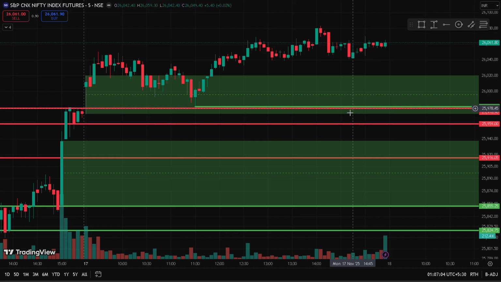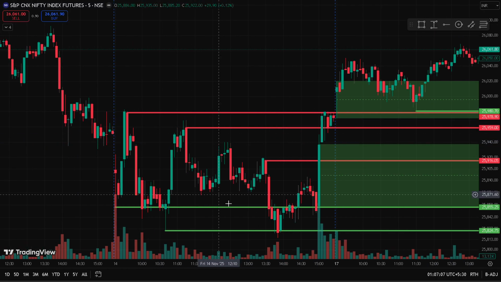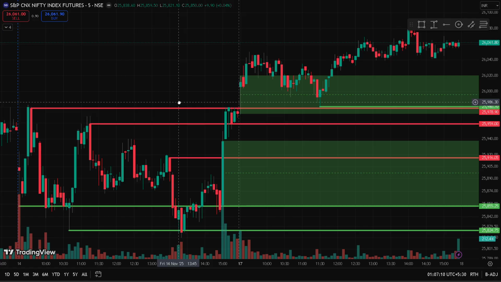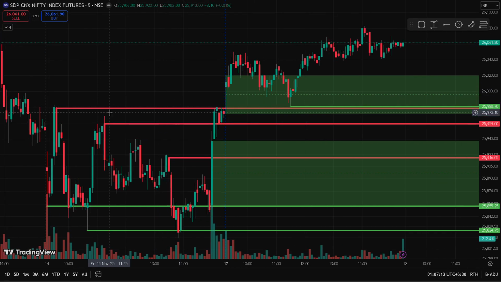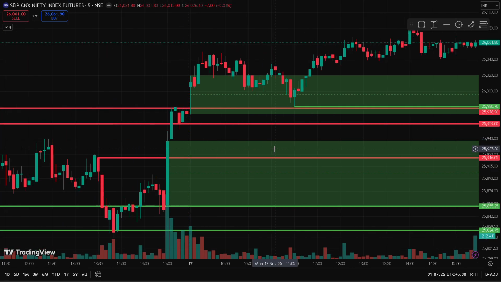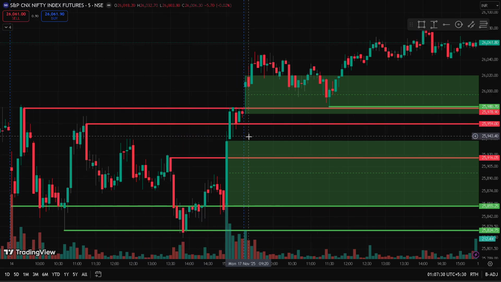This level also bull side. But in the last two sessions, whatever we have marked as per the sharp moves, there are sellers here, there are sellers here, there are sellers here. But these sellers, one, two, three, were completely taken over by these two candles. Very powerful candles.